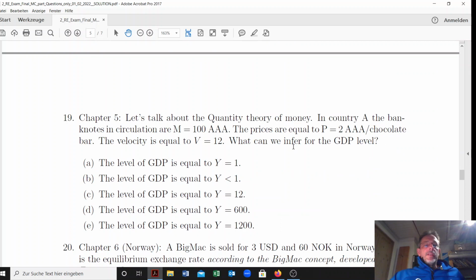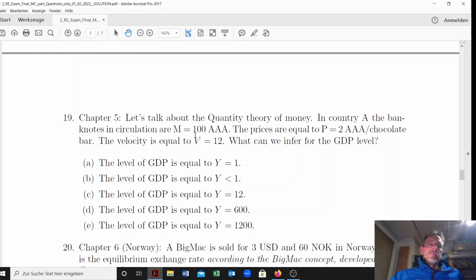Question number 19 in chapter 5, quantity theory of money. The banknotes in circulation are 100 and the prices are 2 and the velocity is equal to 12. So money is circulating 12 times in 1 year.